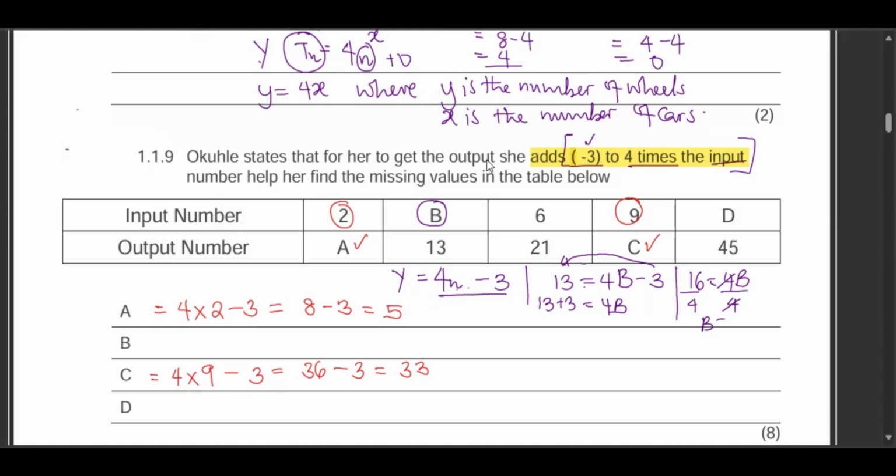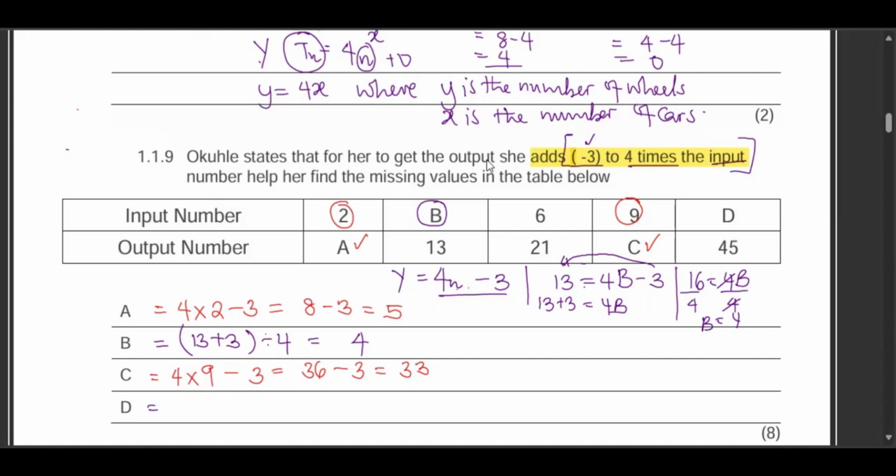So my B is 4. So in other words, the value of B is going to be 13 plus the 3, and we divide everything by 4. The answer becomes 4. All right. Let's look at D. D, we are going to do the same.